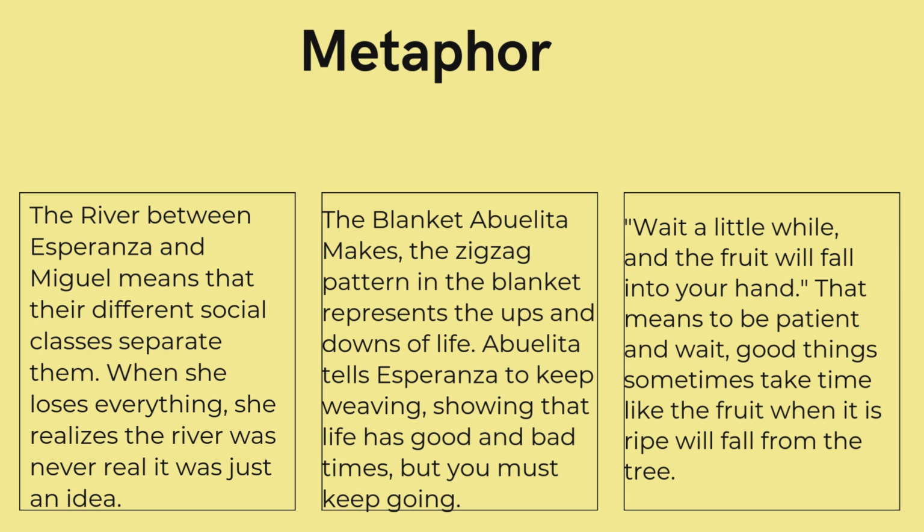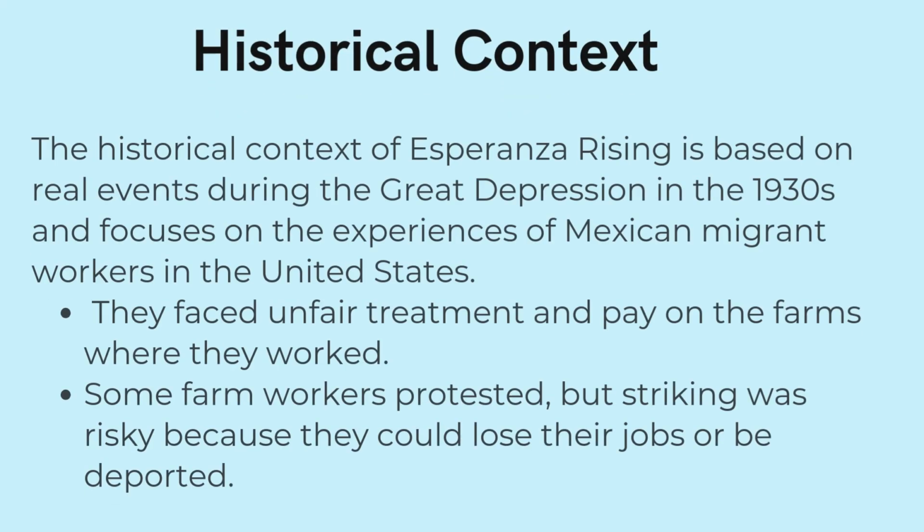Another is "wait a little while and the fruit will fall into your hand." That means to be patient, because good times sometimes take time, like the fruit when it's ripe will fall from the tree.